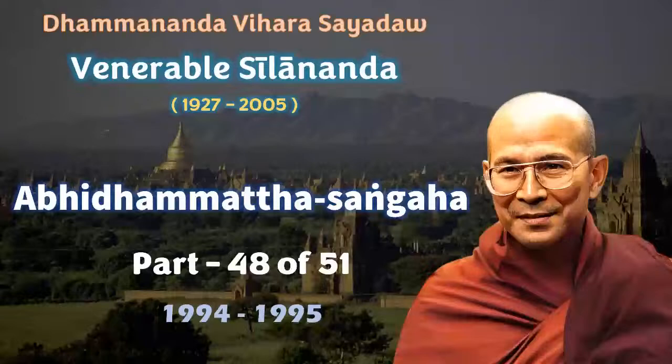So by that supernormal knowledge, those who get the abhinya can take the mind of other persons, the mind that is accompanied by moha. So in that case, ignorance is related to that rupavajra chetana by way of aramana, object condition.